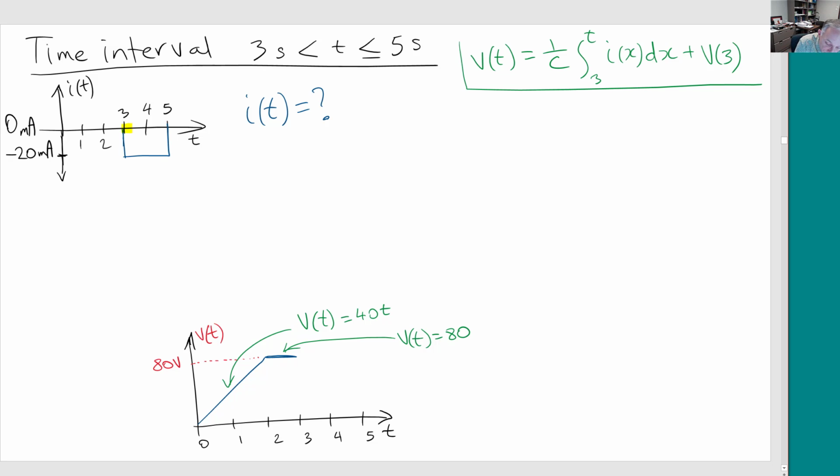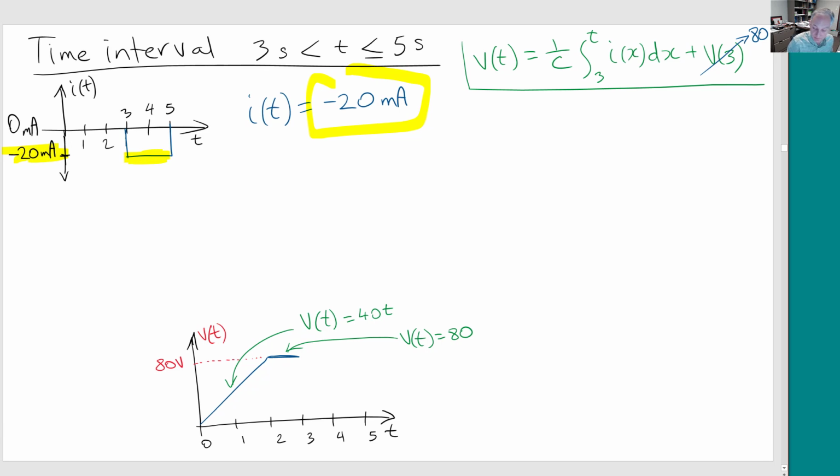So our last time interval is from 3 to 5 seconds, and our limits go from 3 to t, and we're taking the initial voltage to be at 3 seconds. Okay, so then I of t in this case is going to be minus 20 milliamps, because that's what this is right here.